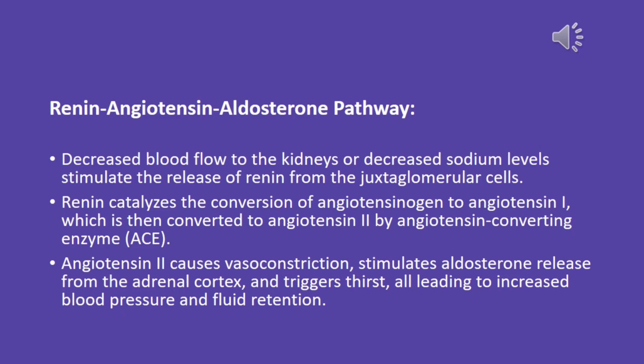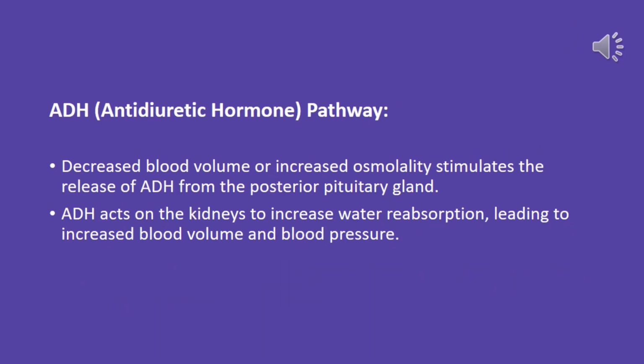Angiotensin II causes vasoconstriction, stimulates aldosterone release from the adrenal cortex, and triggers thirst, all leading to increased blood pressure and fluid retention. ADH, antidiuretic hormone, pathway. Decreased blood volume or increased osmolality stimulates the release of ADH from the posterior pituitary gland. ADH acts on the kidneys to increase water reabsorption, leading to increased blood volume and blood pressure.